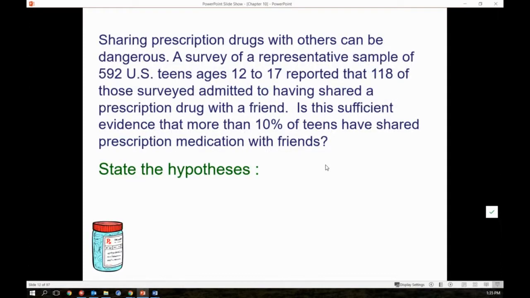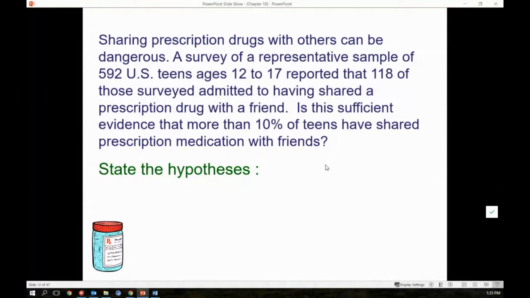Okay, so let's look at an example. Sharing prescription drugs with others can be dangerous. A survey of a representative sample of 592 U.S. teens, ages 12 to 17, reported that 118 of those surveyed admitted to having shared a prescription drug with a friend.